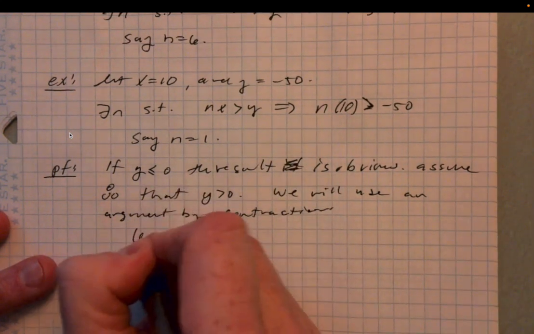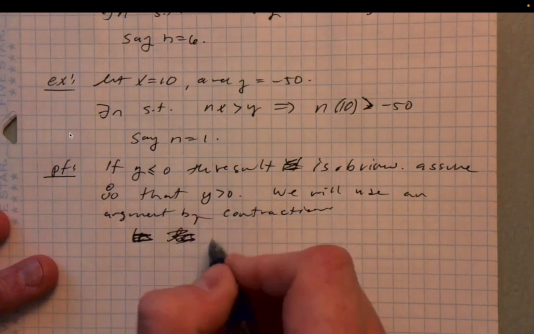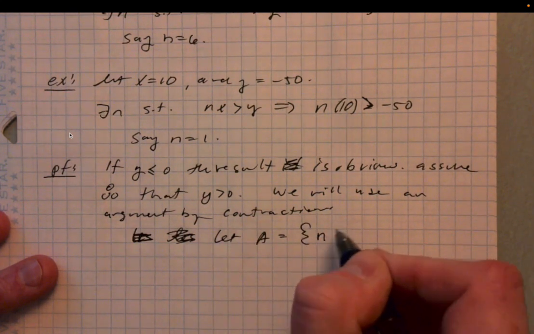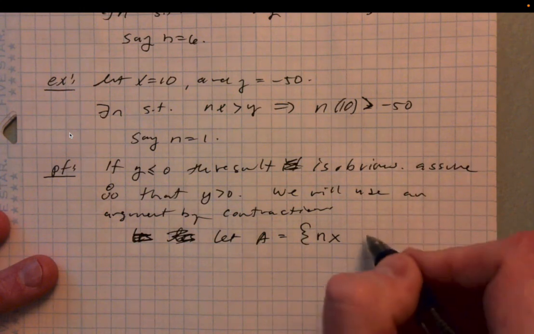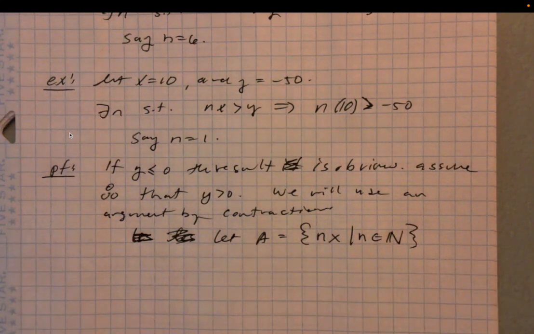Let's start by describing the set A. Let A equal the set of all n times x such that n is a natural number.